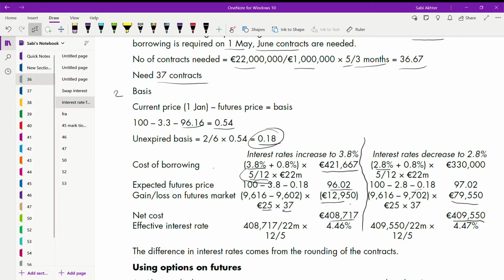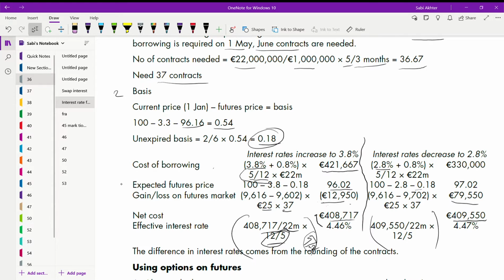If you want to get it in terms of effective interest rate, this is the formula. Learn it, it's fixed. That amount into 12 over 5, divided by 22 million, because 22 million is the total amount. Out of that, 12 over 5, the reciprocal of this. Usually it's 5 over 12, but you use the reciprocal when you have to find, from the money terms, the amount in terms of interest.